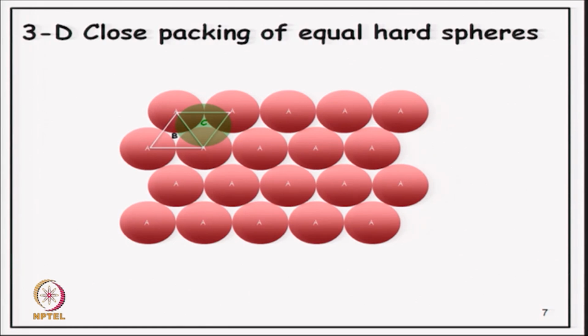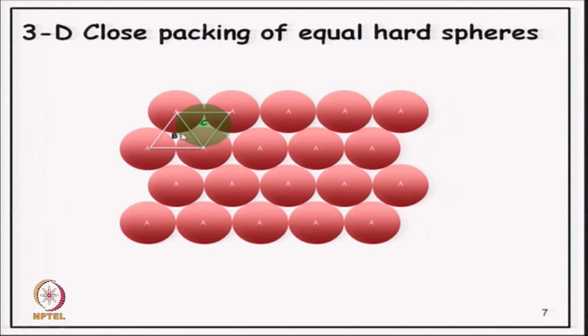However, if you compute, and I leave this again as an exercise, the distance between B and C, this distance is less than the diameter of the sphere. This distance can be easily computed, because you have two equilateral triangles sharing a common edge, and you have to find the distance between the centers of these triangles in terms of the edge of the triangle.